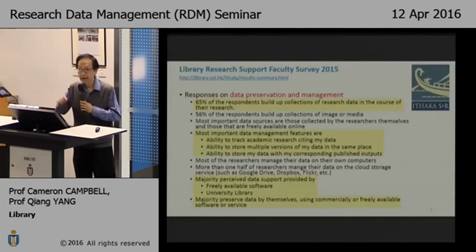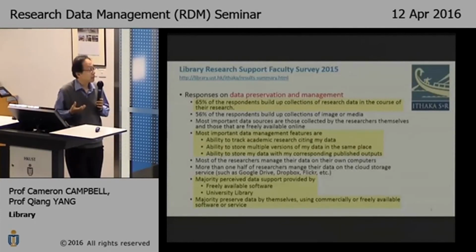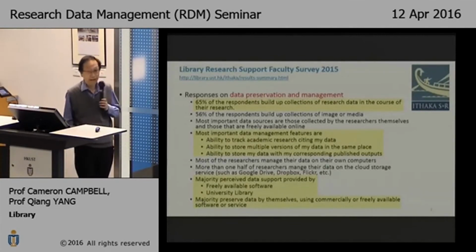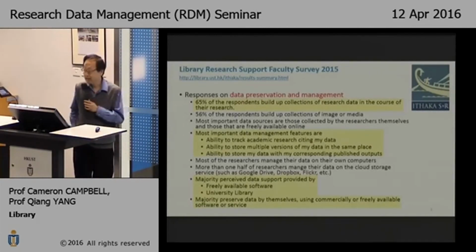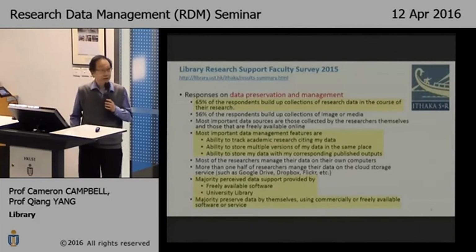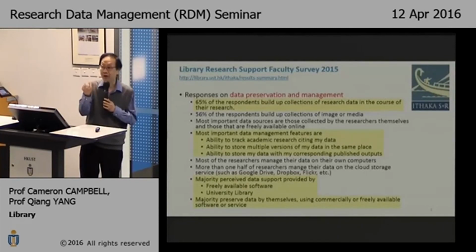One of the topics was getting responses related to how they manage and preserve data. This is the highlight of what we got from them. 65% of the respondents said that during the course of their research, they actually create collections of data.